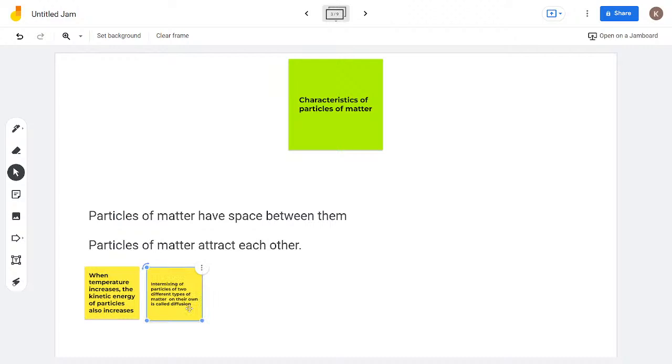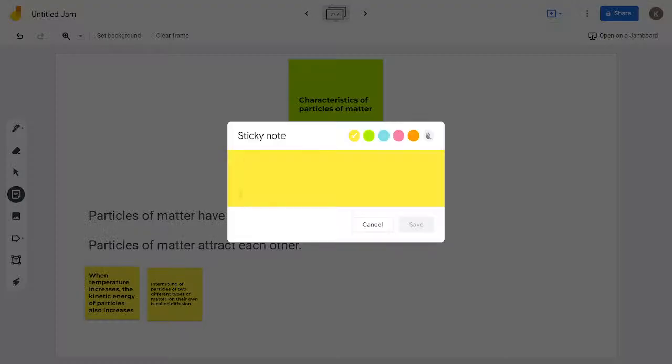We can observe that when we heat this intermixing, it gets faster. When you boil the water and then mix the sugar, the sugar will get dissolved faster. So when we heat, the diffusion becomes faster.